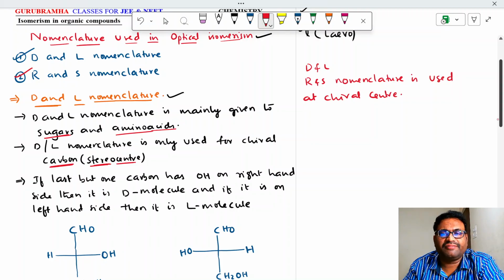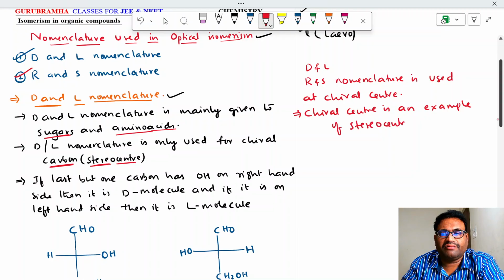Chiral center, which is an example of stereo center. We know that chiral center is an example of what? Stereo center, right?